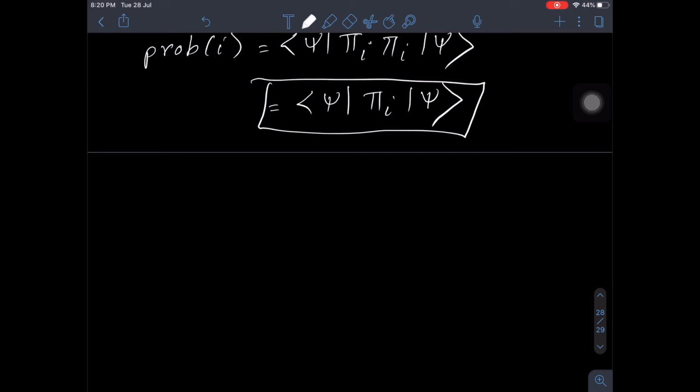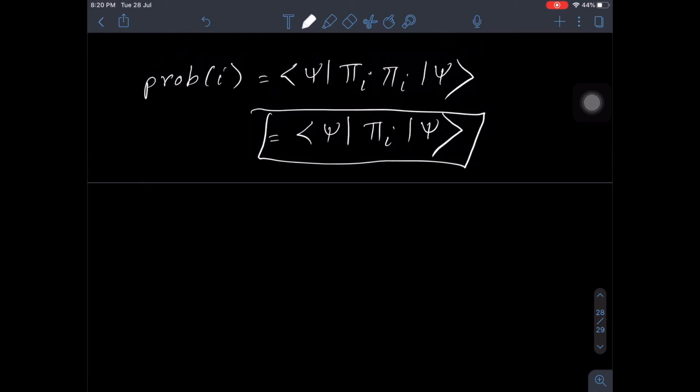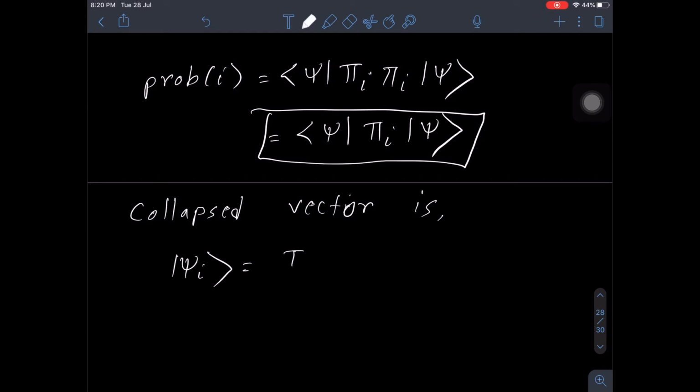Its norm is 1. So what I do is that my new collapsed vector after measurement is psi I, which is pi I times psi. Obviously this is not normalized, so what we have to do is divide by its norm.